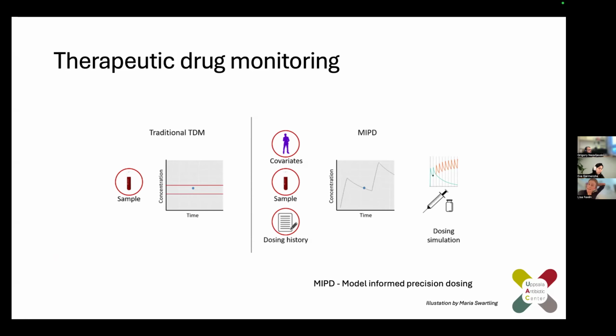Yeah, exactly. Someone needs to interpret the results. And for example, for vancomycin, it's the clinical pharmacist that helps us with this. They give us advice on what concentration interval we should aim for when we take our trough concentrations.